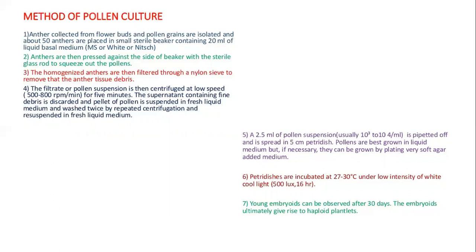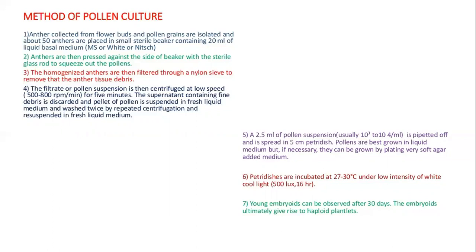The anthers are then pressed against the side of the beaker to squeeze out and obtain the pollen. The homogenized anthers are then filtered through a nylon sieve to remove the anther tissue or debris, and we get the sterilized, filtered pollen in the liquid medium.